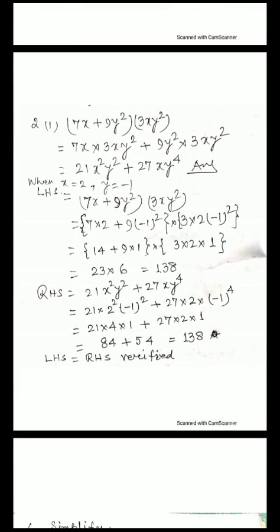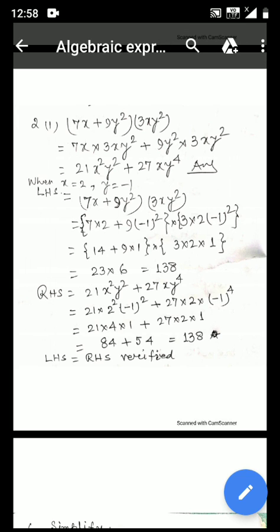RHS equal to 21 x square y square plus 27 x y raised to the power 4. 21 into value of x is 2, so 2 square, and in place of y write minus 1 whole square, plus 27 into 2 into value of y is minus 1, so minus 1 raised to the power 4.